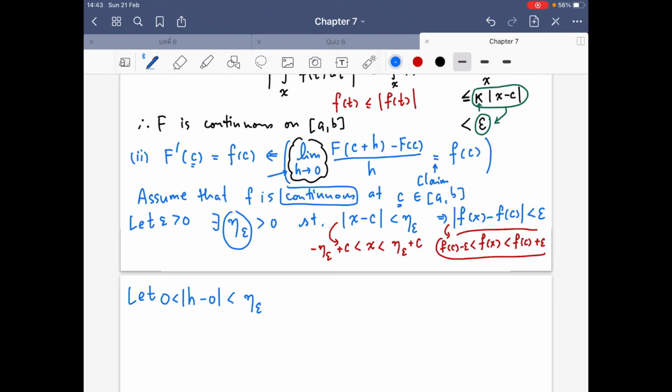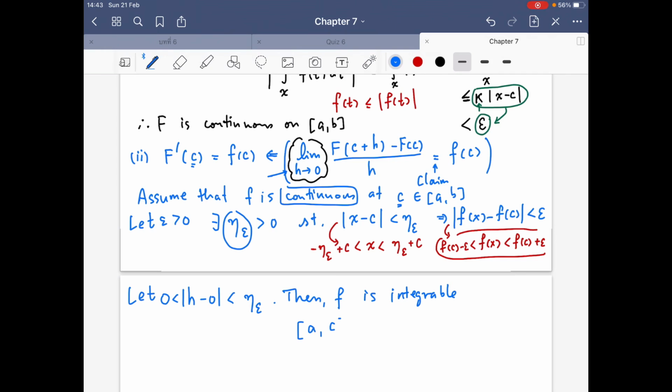Okay, so if this is your h, then your f is actually integrable on the smaller interval, right? Right now your f is integrable over the closed interval from a to b, but you can subdivide your a and b into smaller subintervals.